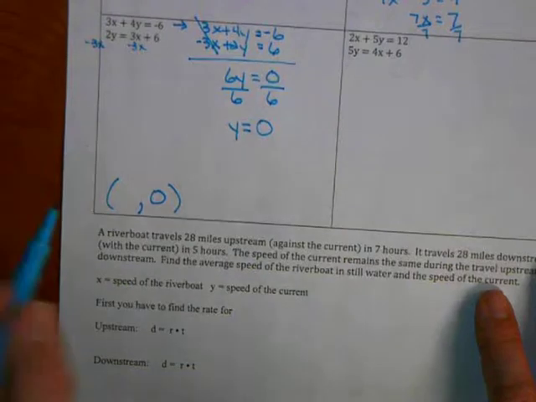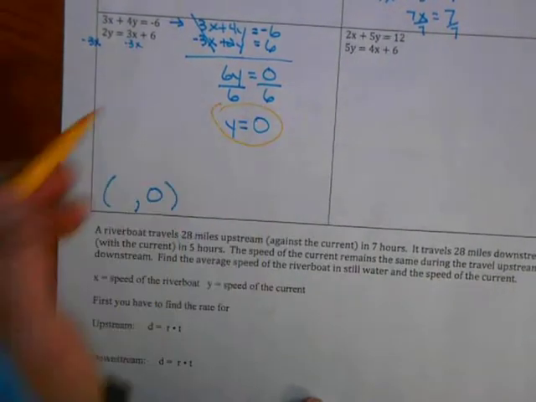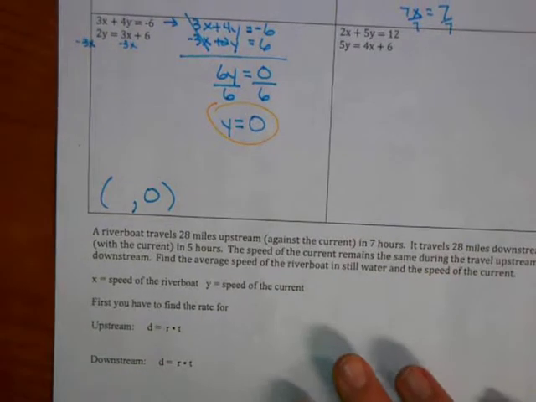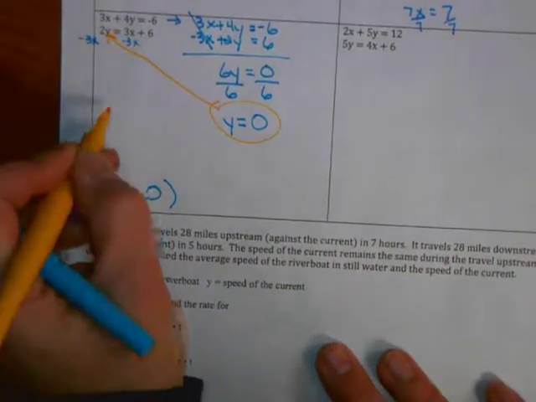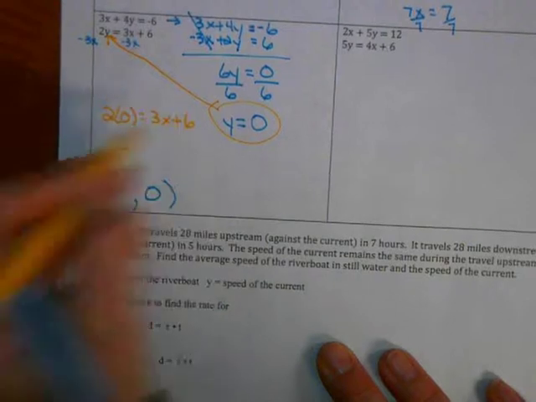So then I'm just going to plug 0 into either equation. It doesn't matter. When you would plug it back in, put 0 back into the equation, if you did the second one, would you still keep it as 2y equals 3x plus 6? Yep, but then you make the y 0. So 2 times 0 equals 3x plus 6.